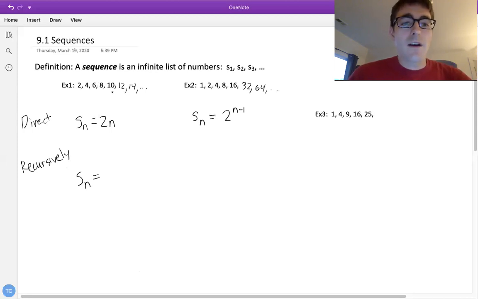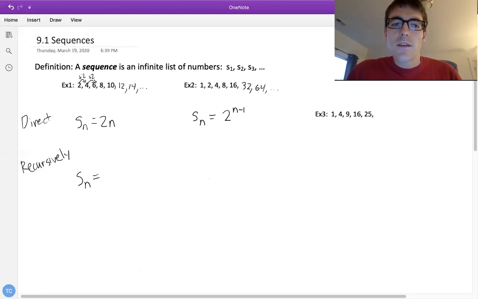So let's look at our S5. In this case, we've got a 10. Well, how do we get this 10 from the previous number? In other words, what is the pattern, or what is the method of getting the next number? Well, in this sequence, we can get from 2 to 4, we can get from 4 to 6, etc., each time by adding 2.